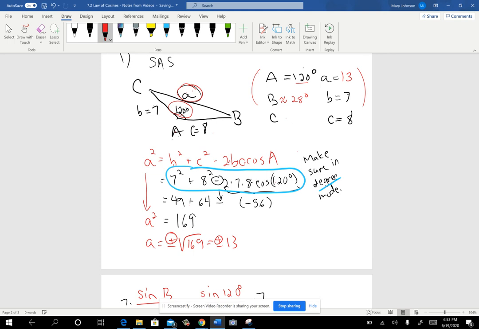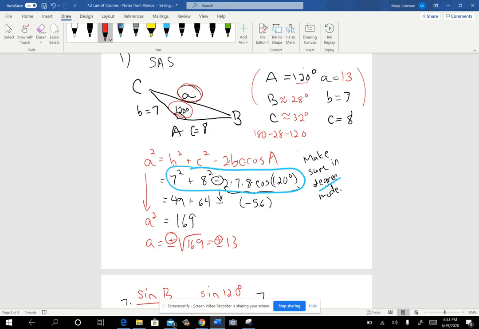And then I could use the law of sines to find angle C, but we also know that all 3 angles in a triangle have to add to 180. So we could just get C by taking 180 and taking away the 120 and the 28. So 180 minus the 120 minus the 28, and we wind up seeing that C would have to be about 32 degrees.